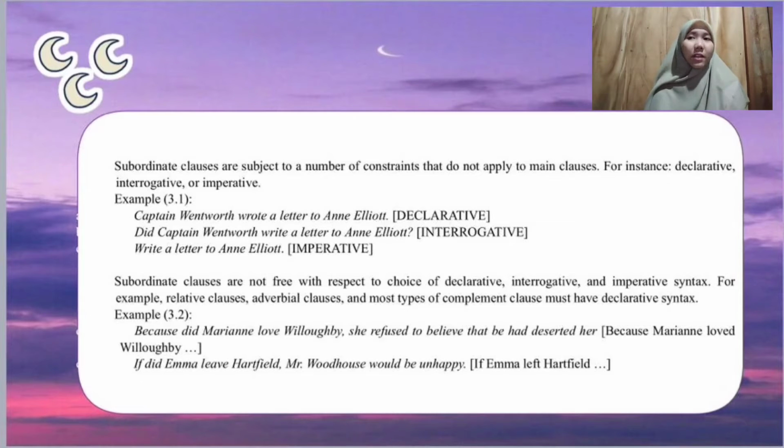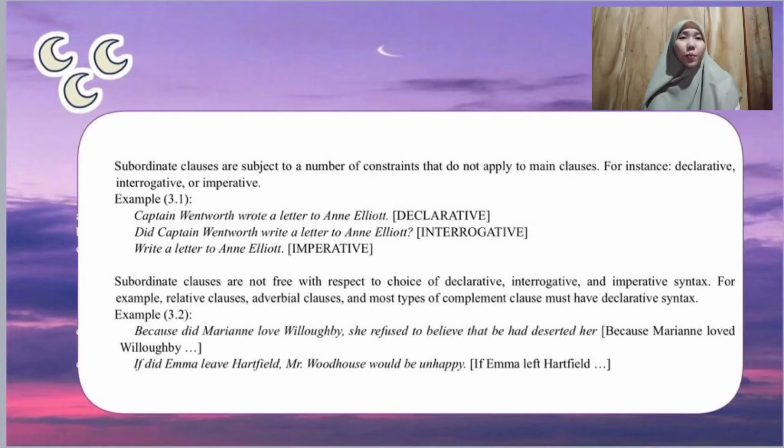In C, write a letter to Anne Elliot is an example of imperative. And then, subordinate clauses are not free with respect to the choice of declarative, interrogative, and imperative. For example, relative clauses, adverbial clauses, and most types of complement clause must have declarative syntax.